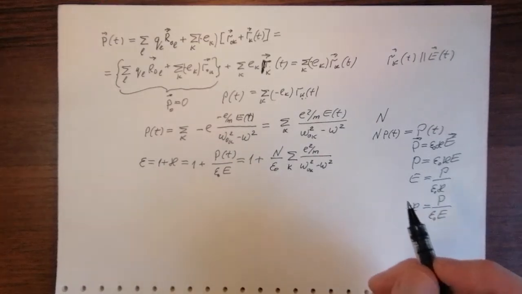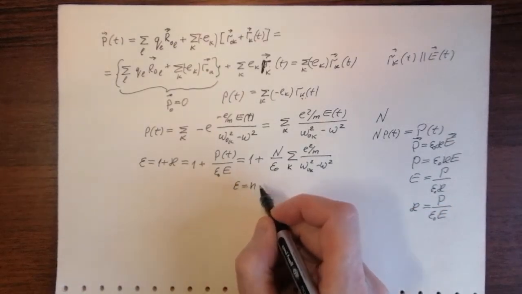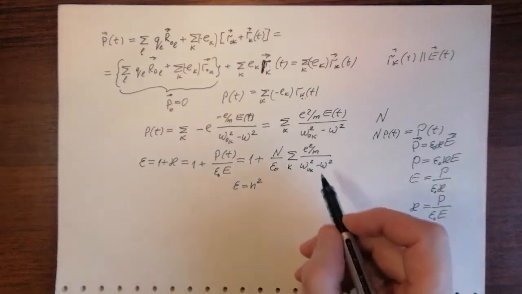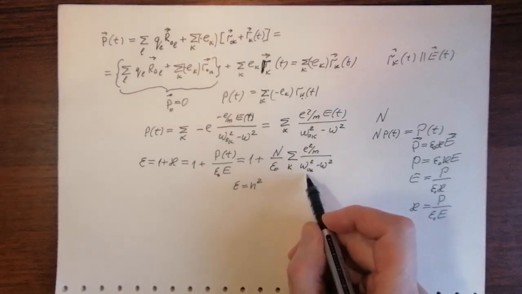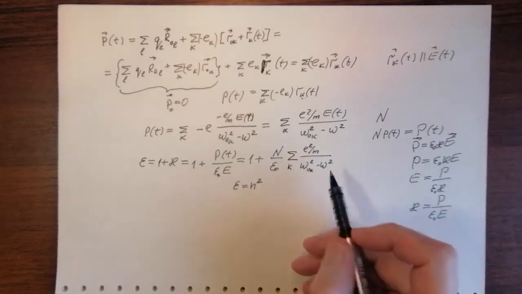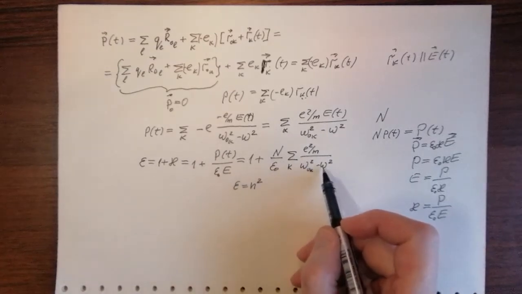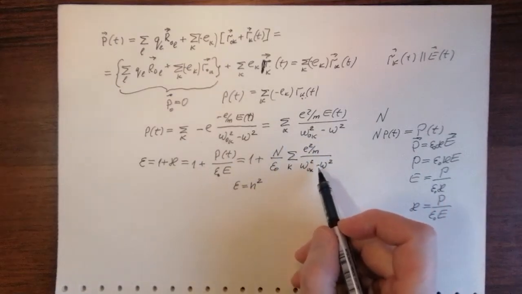Okay, but we know that epsilon is n squared, where n is the refraction index. Then we see that as long as omega is far from omega 0k, this denominator is large and this term is small.